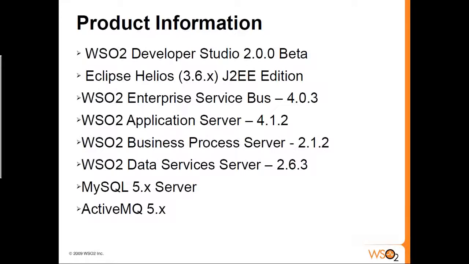Then we will be using WSO2 ESB 4.0.3 release, WSO2 Application Server 4.1.2 release, WSO2 Business Process Server 2.1.2, and WSO2 Data Services Server 2.6.3 release. Apart from that, we will be using MySQL 5.5 server to get our data service running, and ActiveMQ 5.6 to represent the JMS queue. So let's move on to the demo.